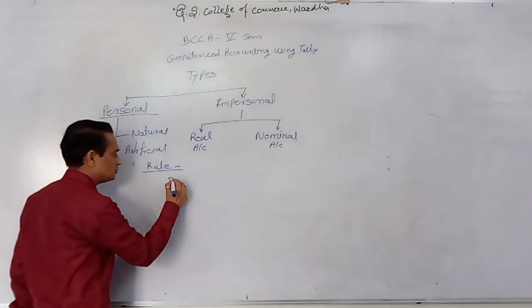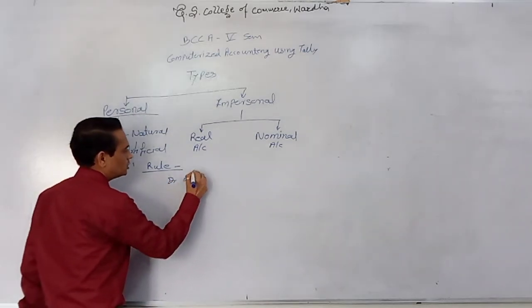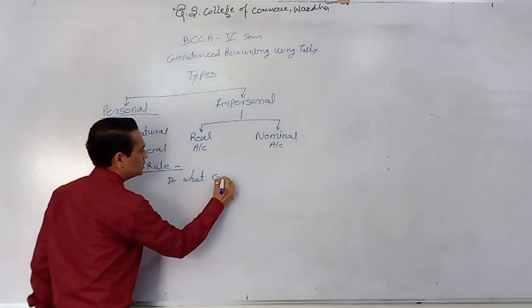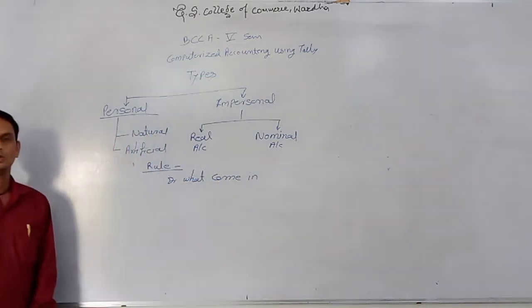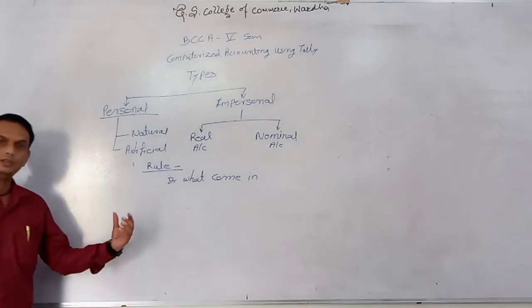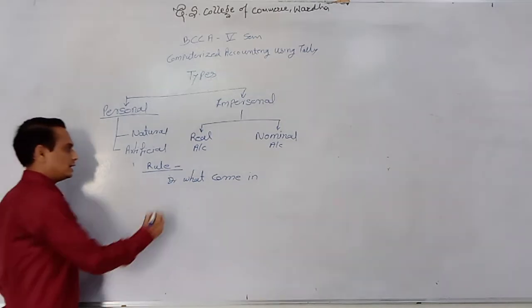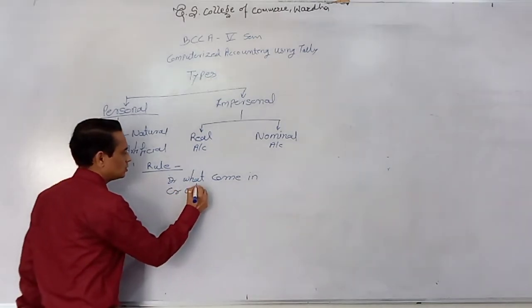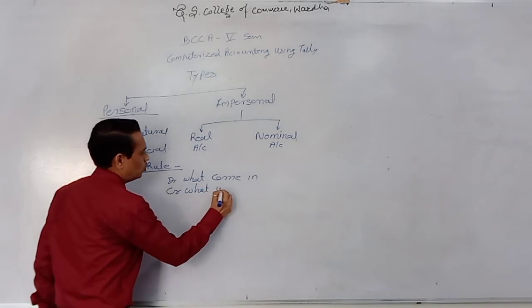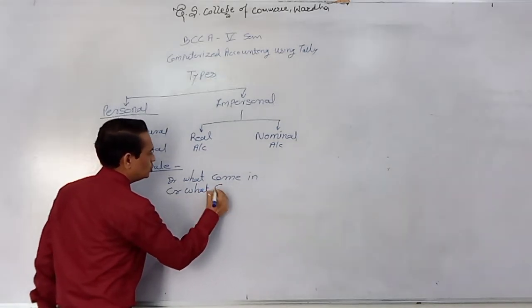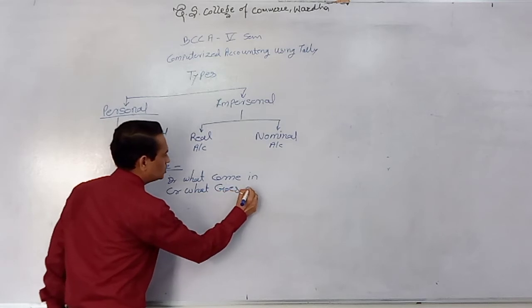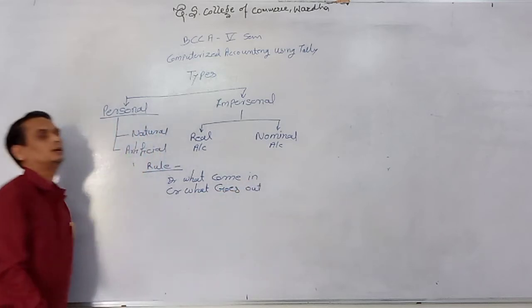is: debit what comes in, debit what comes into the business, and credit what goes out from the business.